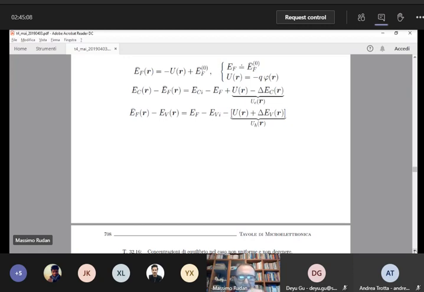The relation is very easy. U is equal to minus Q phi, okay? So the relation between function EF bar and the electric potential is found. Okay, you simply replace minus U with minus Q phi, and that's it. Okay.